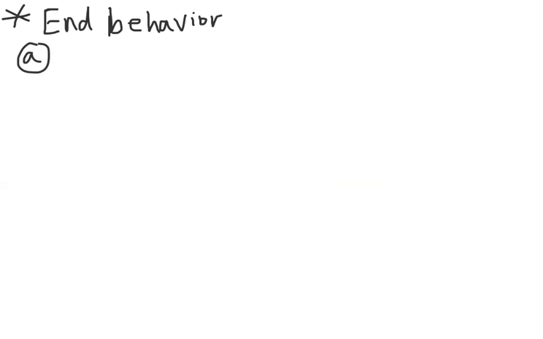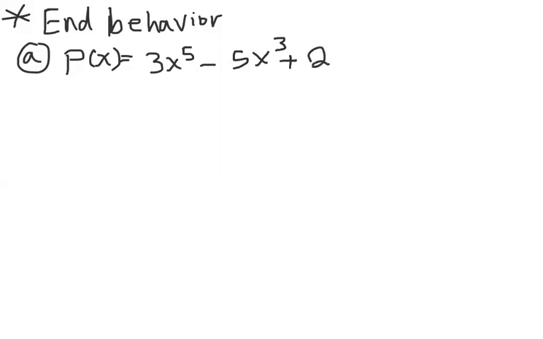The question is: find the end behavior. I'm not going to solve it. This is for you. For the polynomial p of x equals 3x to the 5 minus 5x to the 3 plus 2x.